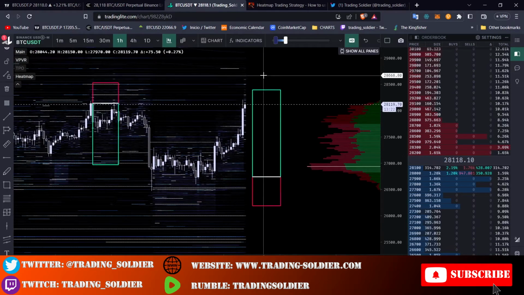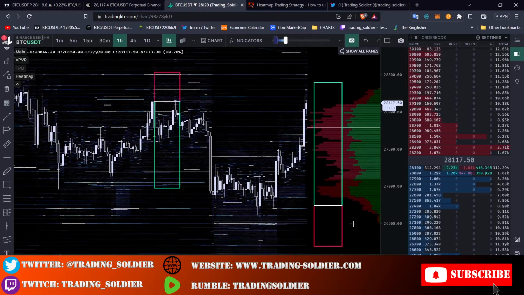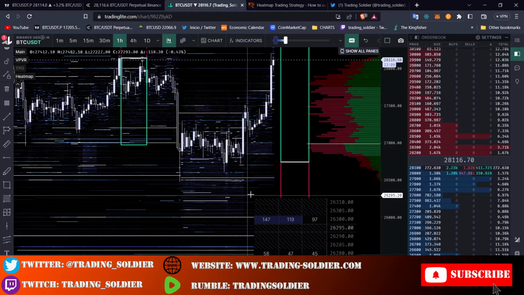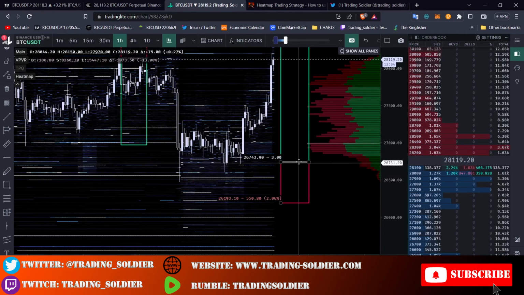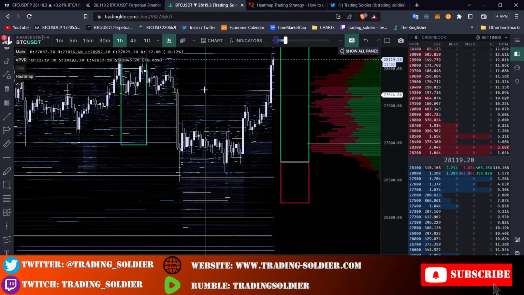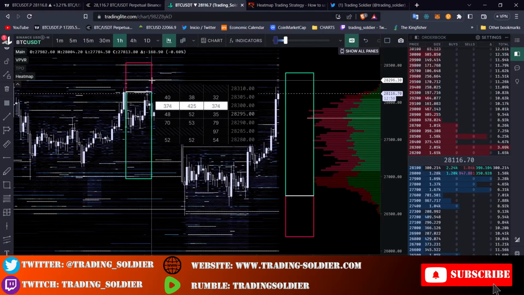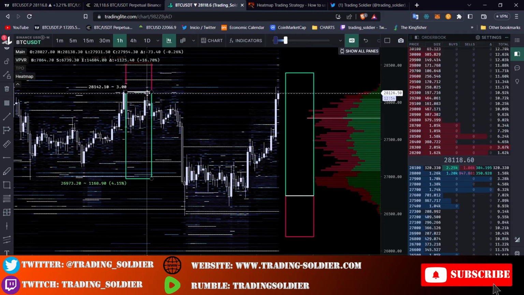So this is how I use heat maps on TradingLite in my daily trading strategy. I will protect my stop loss with the big orders that I spot in the market, and I will place my entry point at a level, for example here, that is above the big order, in this case below, in this case above, because I want it to get triggered and then continue the move, okay?